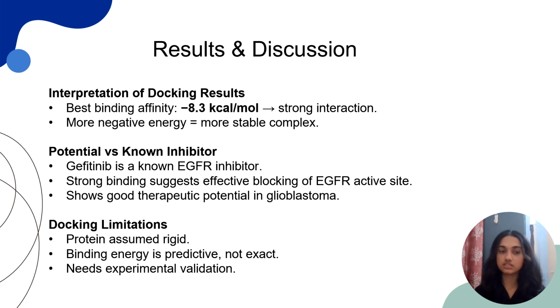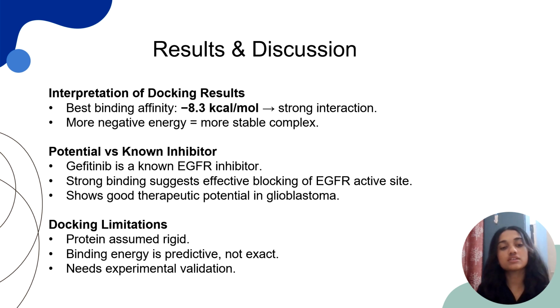Coming to the results and discussion, the best docking score obtained was -8.3 kcal/mol for gefitinib, indicating strong and stable binding with EGFR. An RMSD of zero angstrom confirms the most reliable binding pose.